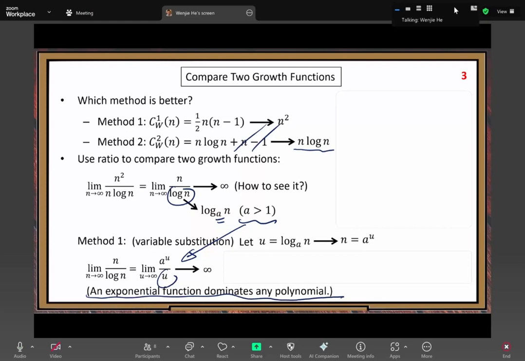But you need to make sure your exponential function has base greater than 1. Otherwise, you don't have this property. When the base is greater than 1, any exponential function dominates any polynomial. So that's a property of functions. You can prove it, and later we will prove it. But many people know this fact.